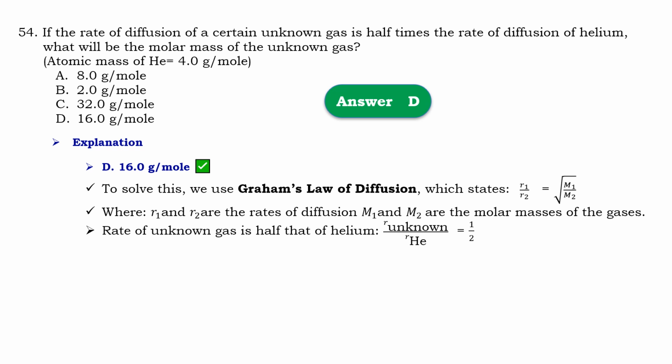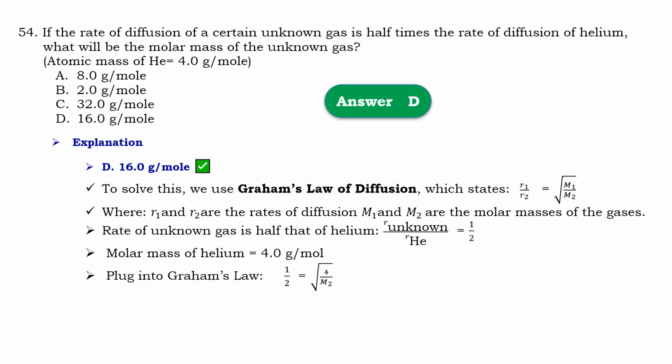So the rate of unknown gas is equal to half that of helium, which means rate of unknown gas divided by rate of helium is equal to 1 over 2. This is given. The molar mass of helium, 4 gram per mole, is also given. So we put this into the formula: one half equals the square root of 4 over the molar mass of unknown gas.